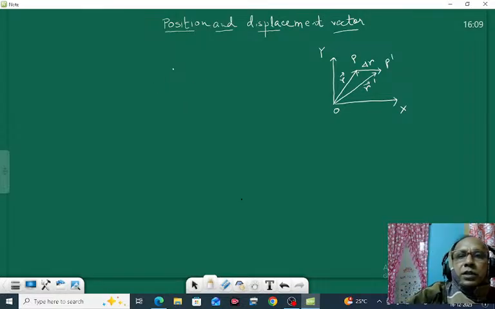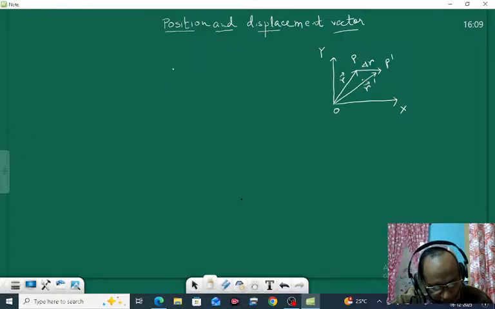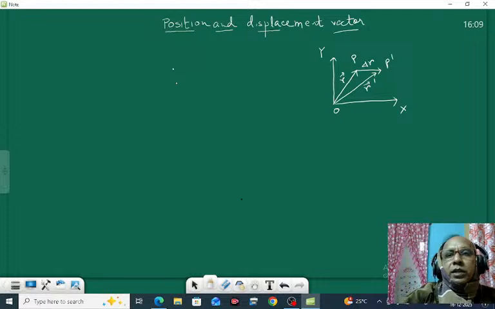So here you see this is the position vector, and it is displaced by del r from here to here, giving the r dash vector. Therefore, we can write that the r dash vector can be represented as r vector plus del r vector.